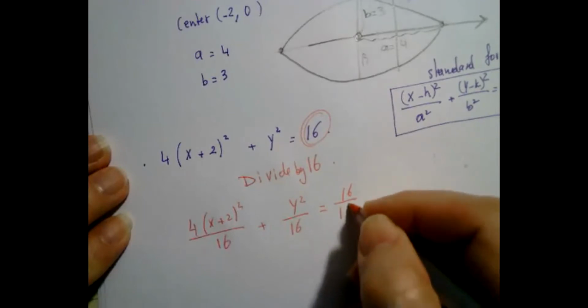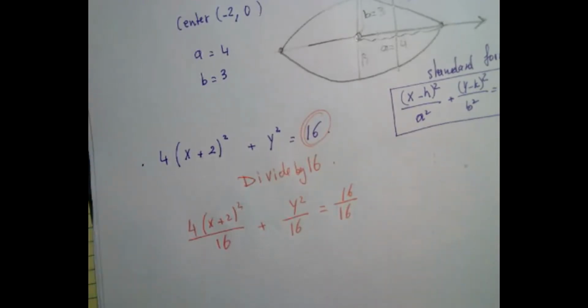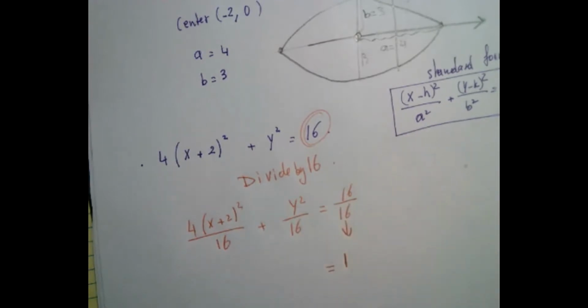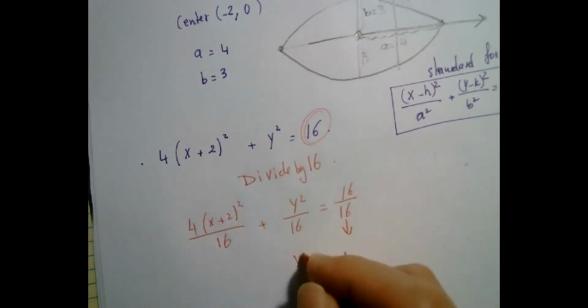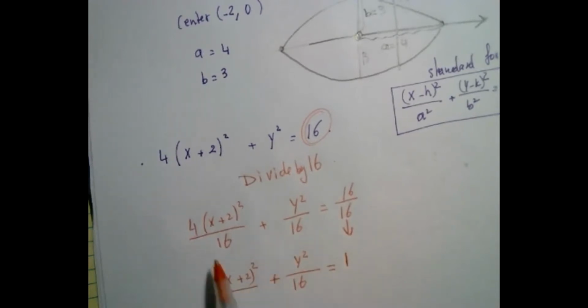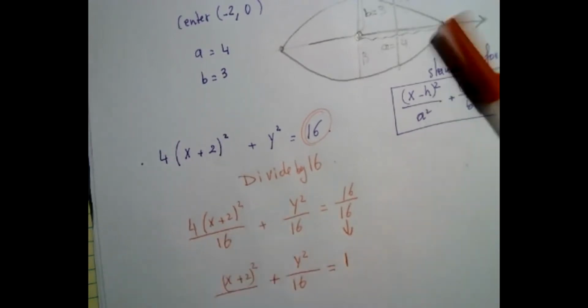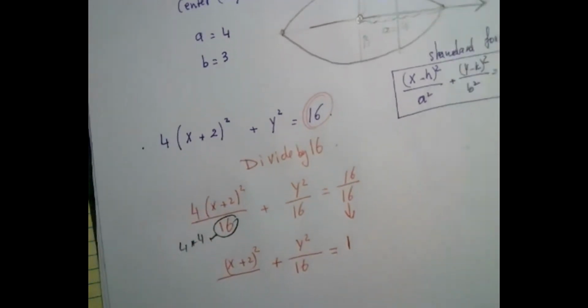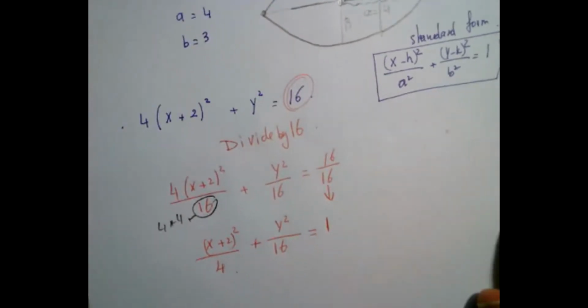Equal 16 over 16. All right, now this will give you a 1. This will give us the y squared over 16. And this would give me x plus 2 squared. And now 4 and 16, we know it's 4 by 4. So we simplify by that, which would give me a 4. Now I have a standard format.